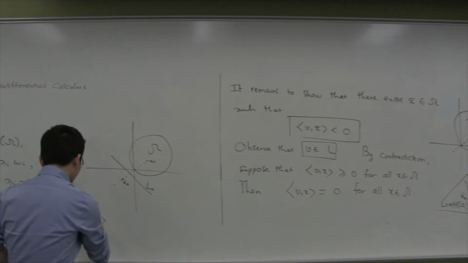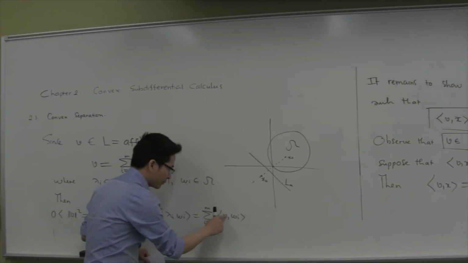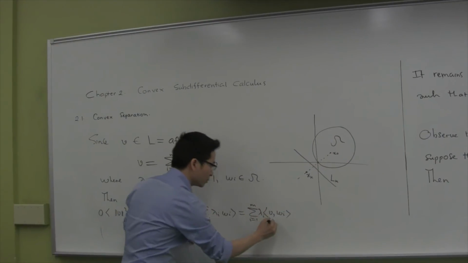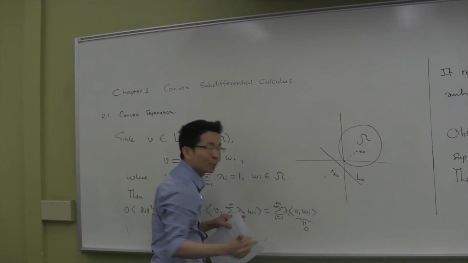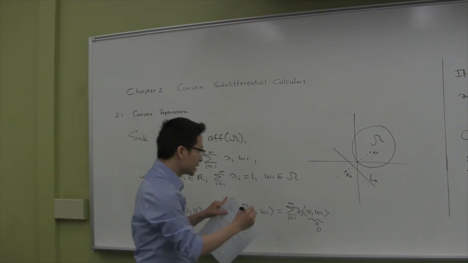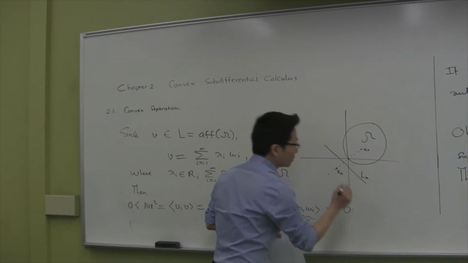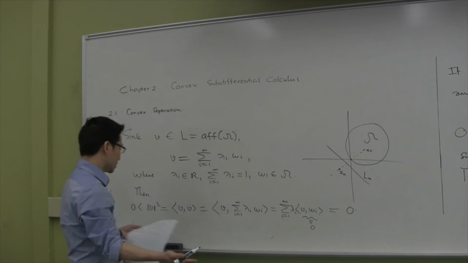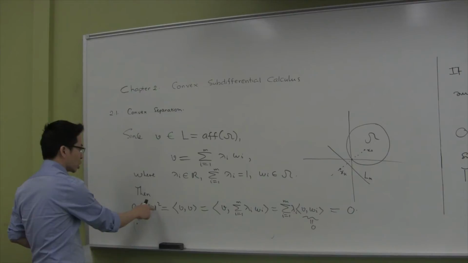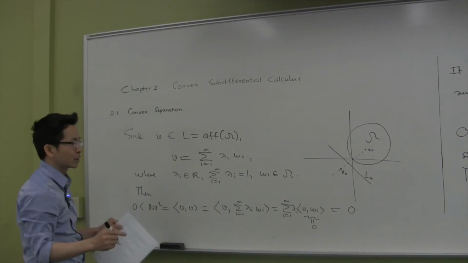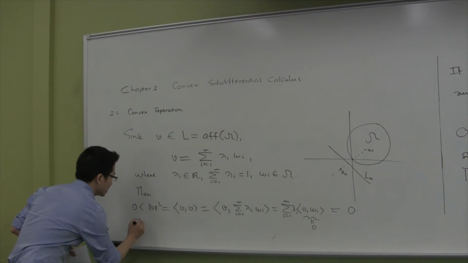So in particular, the inner product of V and omega_i is equal to 0, because each omega_i is in Omega. So this sum is actually equal to 0. This is a contradiction, because the norm of V squared is strictly greater than 0.